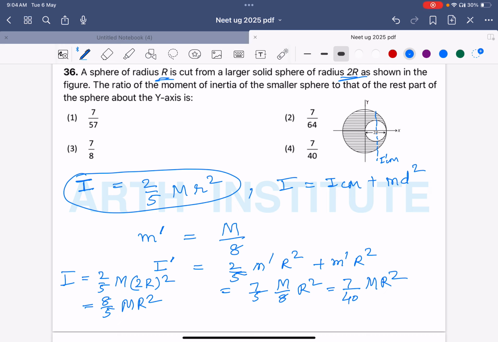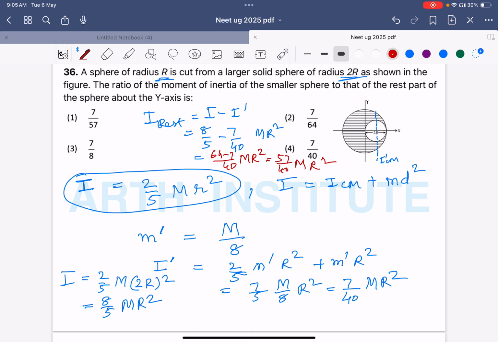The moment of inertia of the rest part is equal to I minus I dash, and this comes out to be 8 by 5 minus 7 by 40 m r square. If you further simplify it, this will be 64 minus 7 by 40. You can solve it by taking the LCM, and this is 57 by 40 m r square.